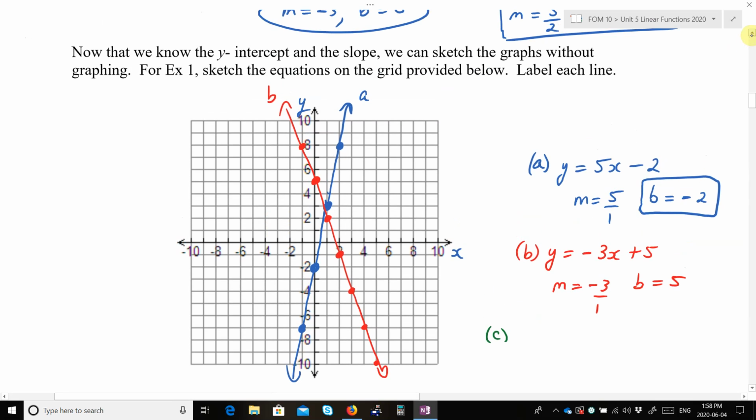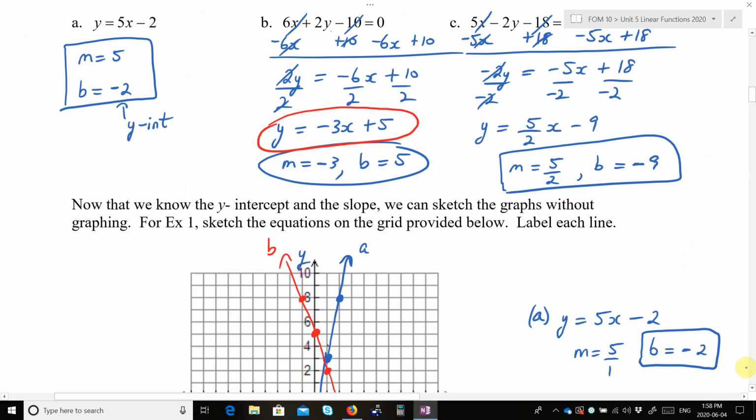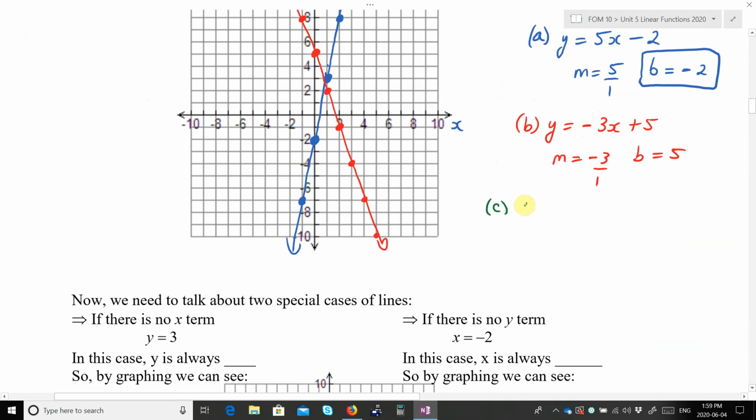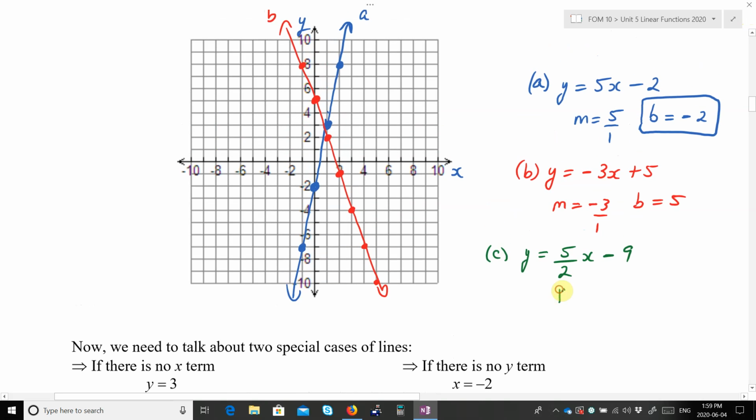And the equation for C is y equals 5 over 2x minus 9. Okay, so the slope is 5 over 2. The y-intercept is negative 9.